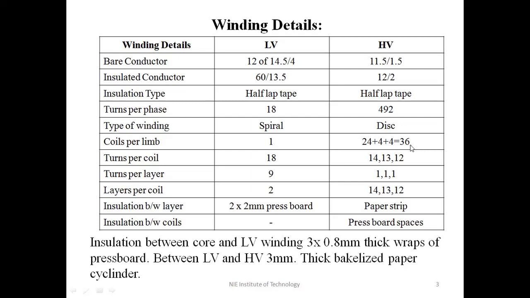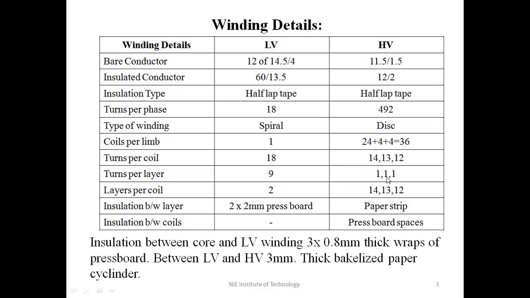It means we will be having 36 coils per limb in HV. Turns per coil is 18 in LV, and in HV it is 14 turns, 13 turns, 12 turns. Turns per layer: in the LV winding, each layer will have 9 turns.